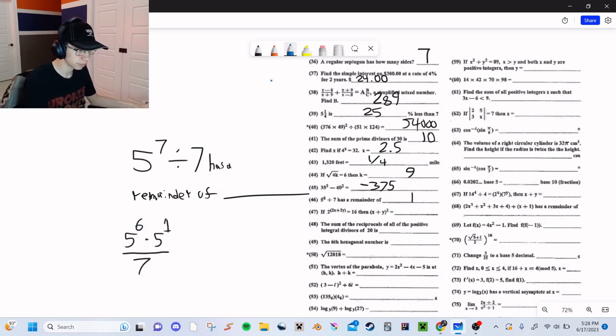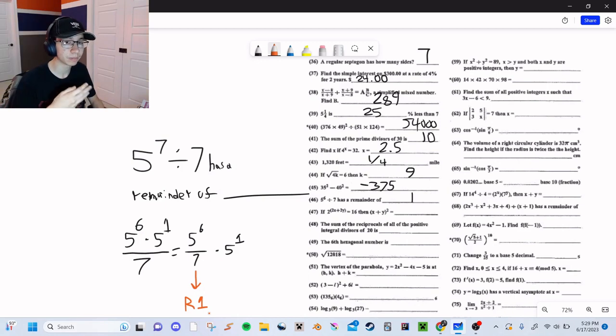Right? So let me show you what I mean. In terms of remainders, this is going to have a remainder of 1 by Fermat's little theorem. That's what it tells us.